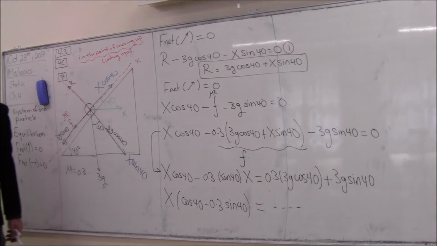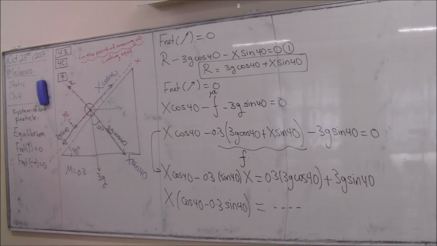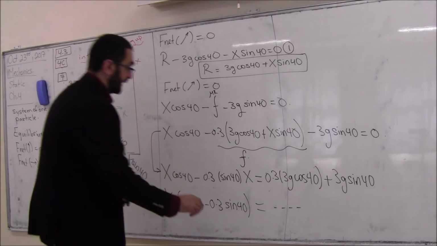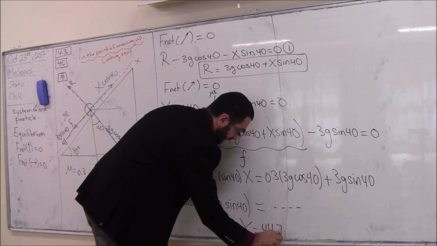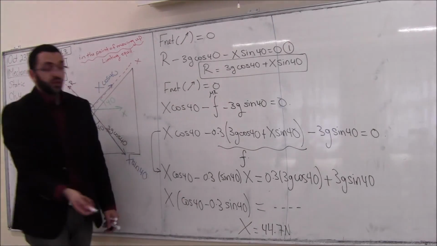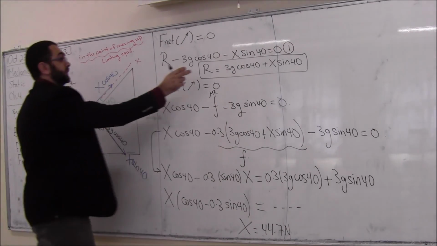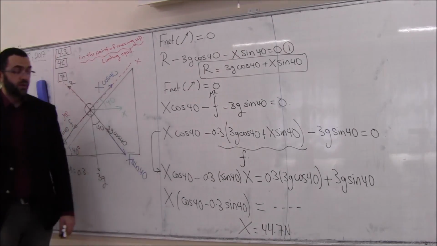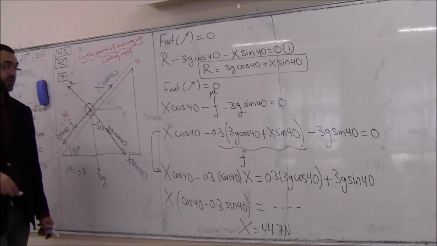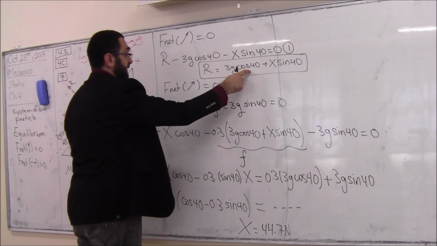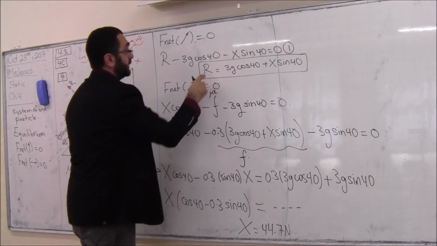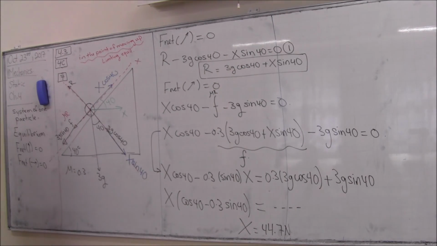Divide by this term and we will get the answer. x equals 44.7 newtons. This is not the answer because we are asked about R. We have to resubstitute x in this equation to get the value of R. 51.3.